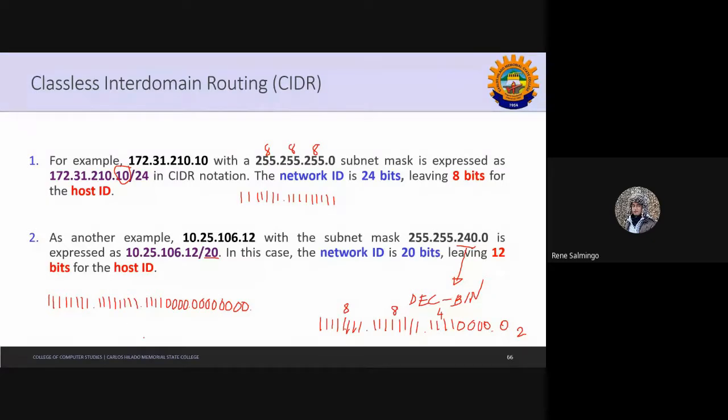That's how we also determine the notation that we're going to put on our network ID. In the host ID, we will assign who will be host 1, host 2, host 3, and that's it for classless inter-domain routing.